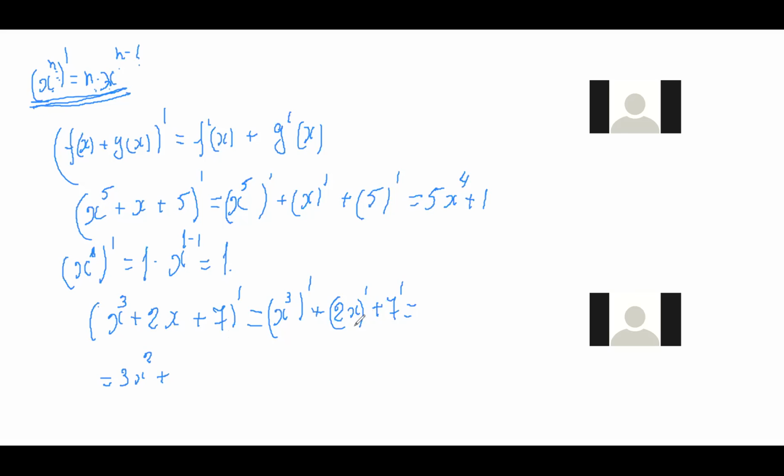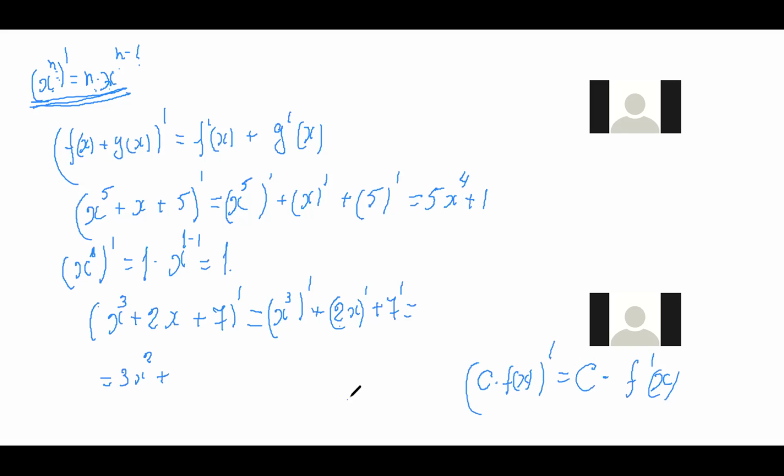Oh no, the derivative of x is 1. But for the derivative of 2x, we should use the formula for a constant: we can move a constant out of the derivative. Look, the derivative of c times f(x) is c times the derivative of f(x).